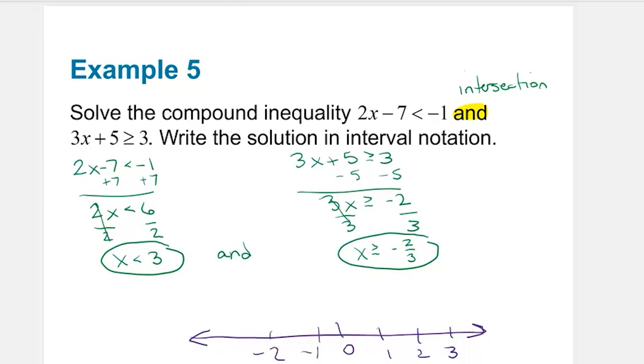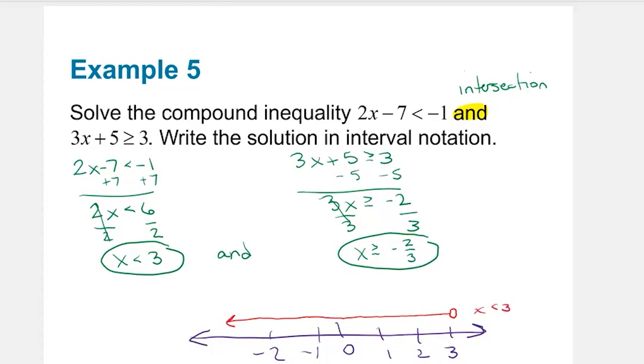Negative 2/3 is really between 0 and negative 1. So first I'm going to graph x is less than 3. Less than 3 means I don't include 3. And I'm going to write it above the number line so we can see what we're talking about. Okay, so this is x is less than 3.